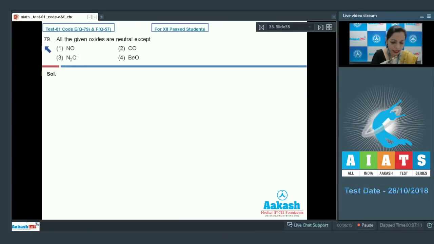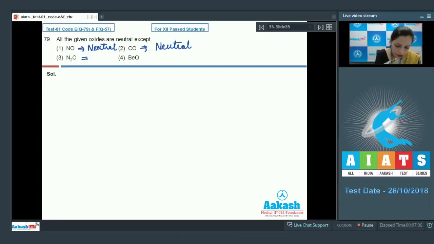Question number 79. This says all the given oxides are neutral except, you just have to identify that oxide which is not neutral. If we want to check this, NO, nitric oxide, this is neutral. Then we have carbon monoxide. You might be knowing that it's also neutral.